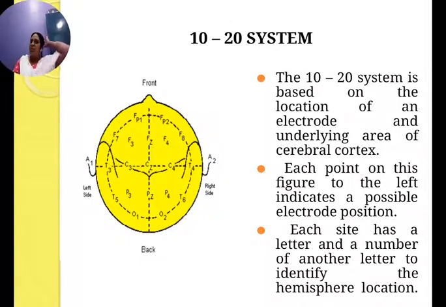Each point on this figure to the left indicates a possible electrode position, and each site has a letter and a number or another letter to identify the hemisphere location.